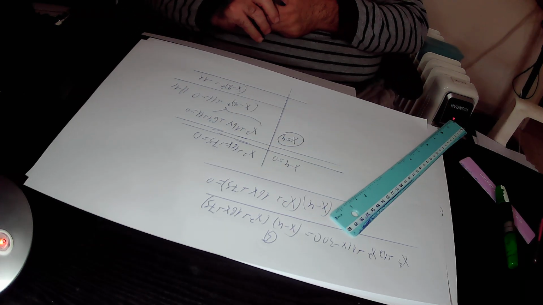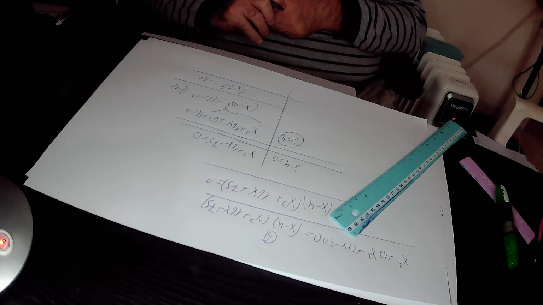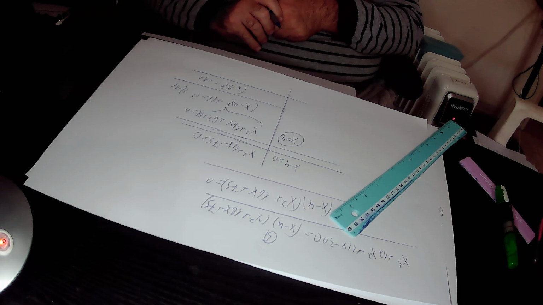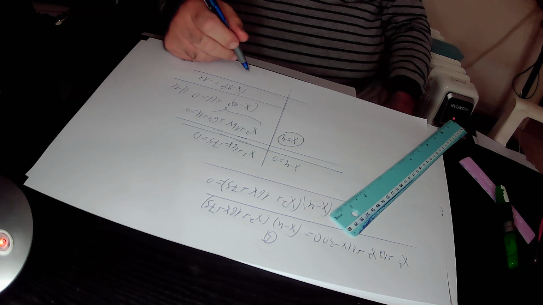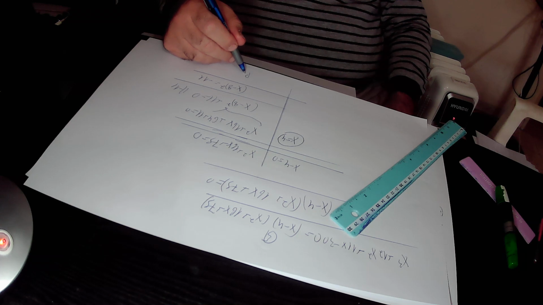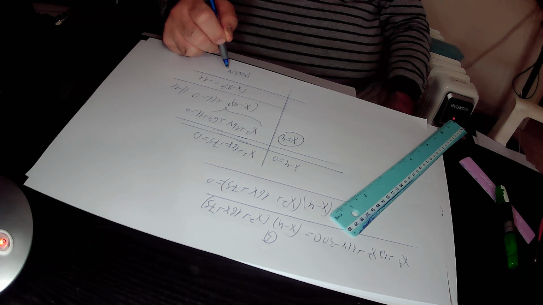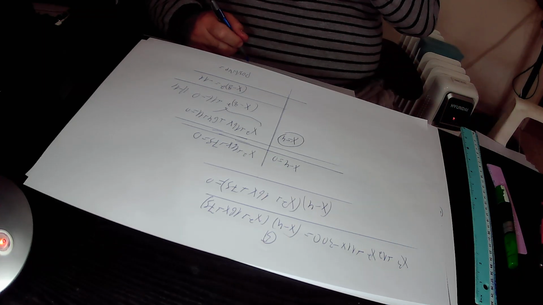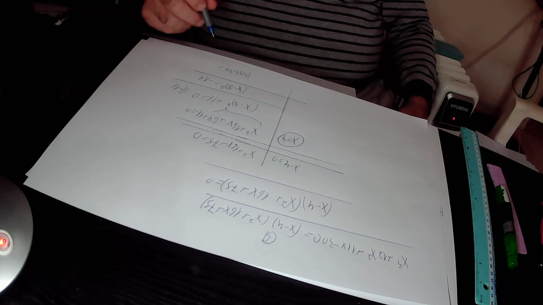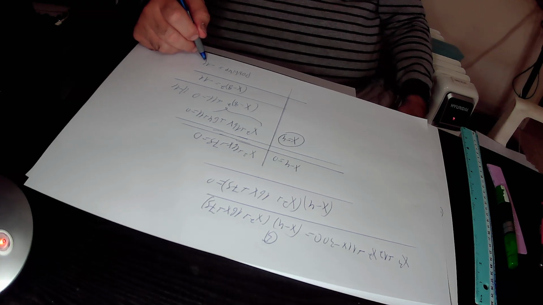X is a positive number. Anyway, this squared expression is definitely a positive number, and it can never be equal to minus 11, that is a negative number.